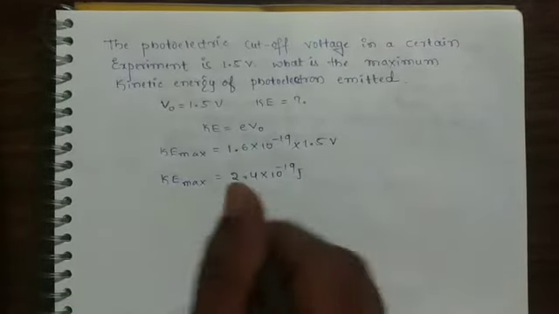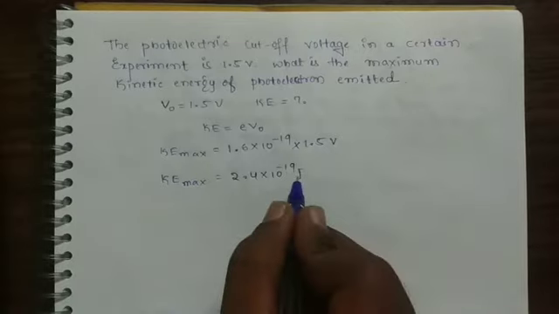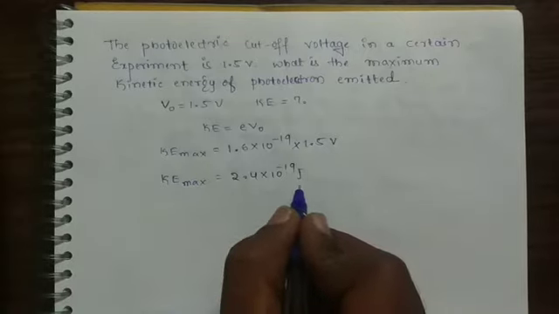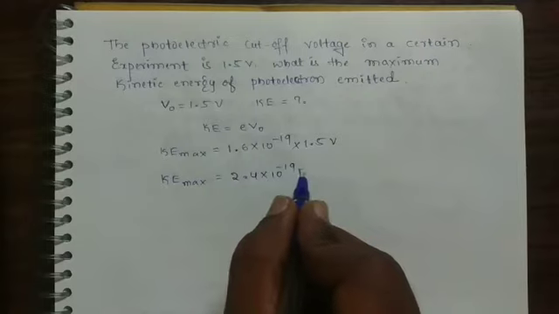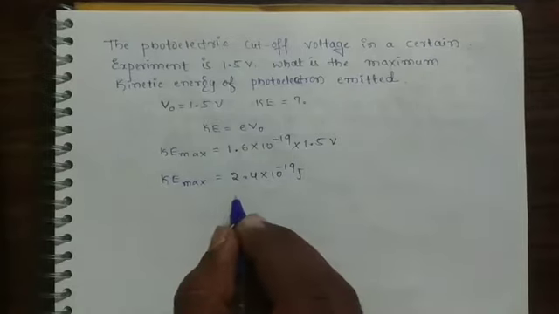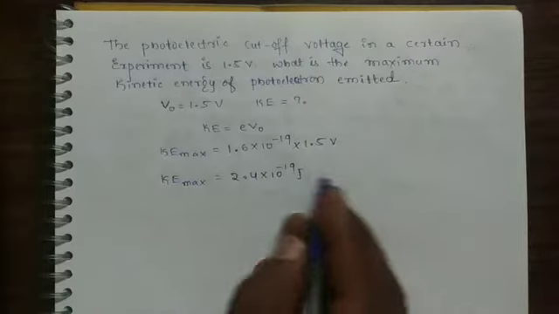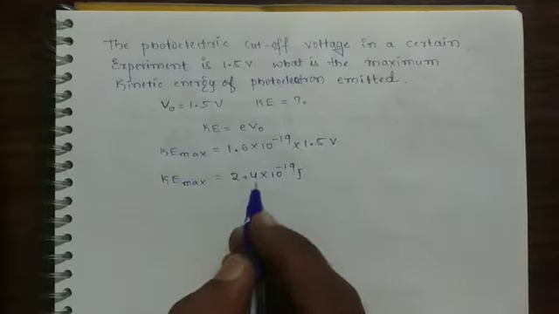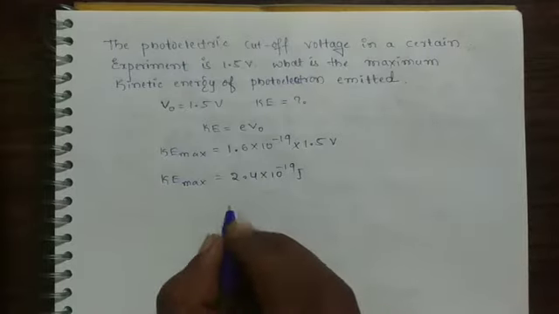Now this value is converted into electron volt. Here the energy is in joule, so we want to convert this energy into electron volts. Dividing by 1.6 into 10 power minus 19, the joule is converted to electron volt.